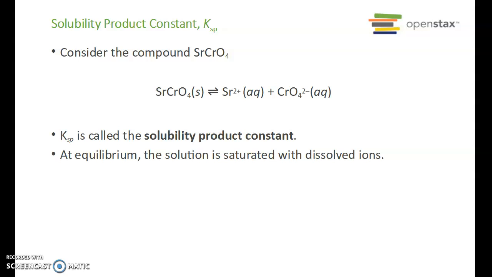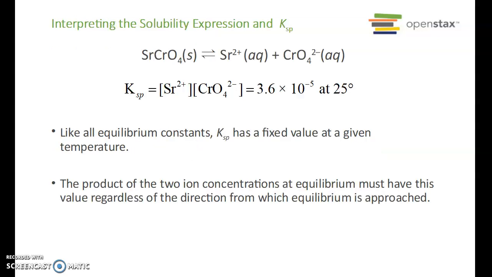At equilibrium, the solution is saturated with the dissolved ions to the extent that they are dissolved. And so from that you can form the same type of Ksp constant as you did with the other ones. The concentration of the strontium ion times the concentration of the chromate ion equals 3.6 times 10 to the minus fifth at 25 degrees centigrade.